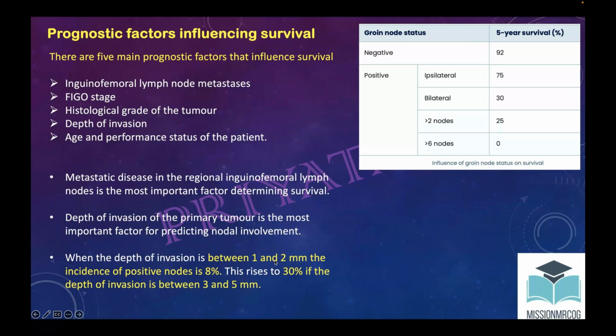But if the invasion is high, 3 to 5, the positive node rate will be 30%. This number is not that important. The basic idea is that metastatic disease in the inguinofemoral lymph nodes is the most important factor that determines survival, accompanied by the depth of invasion.